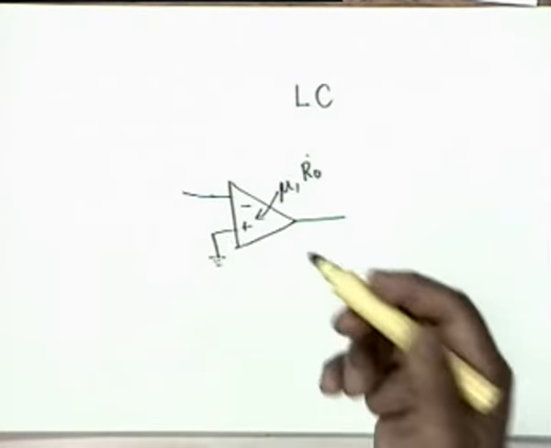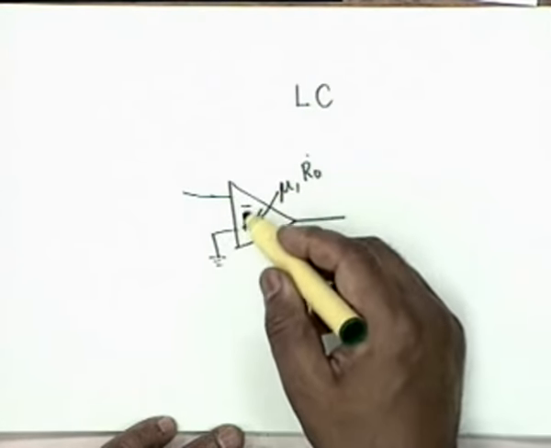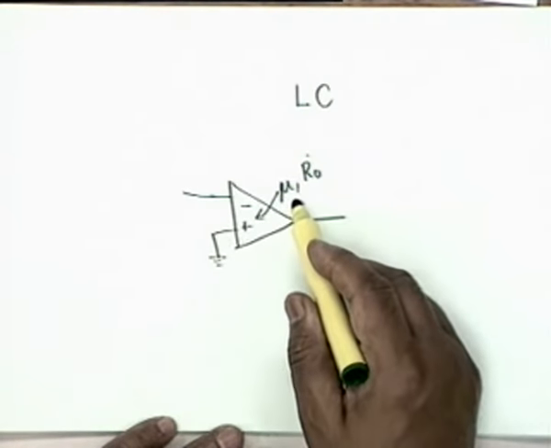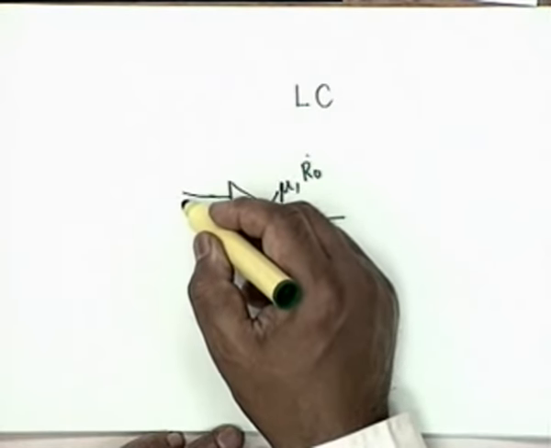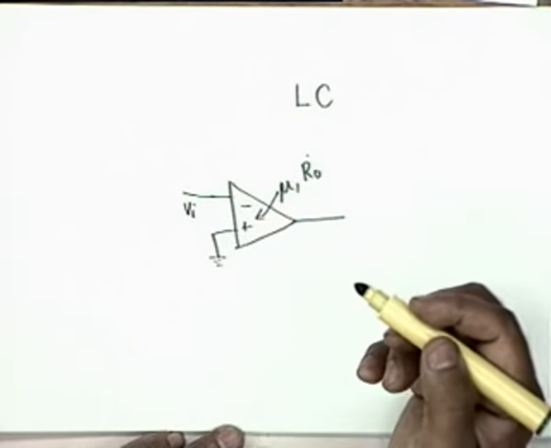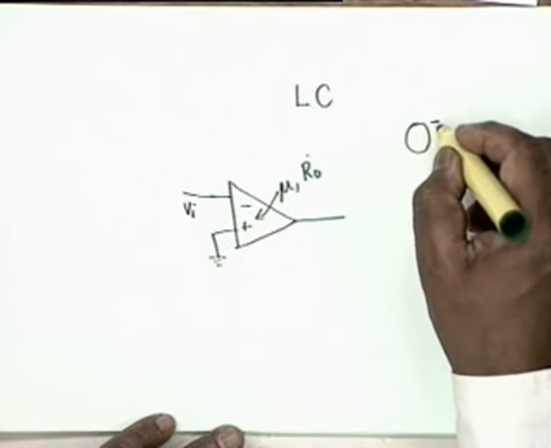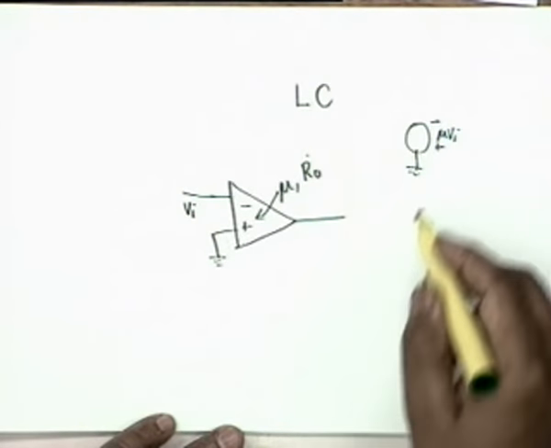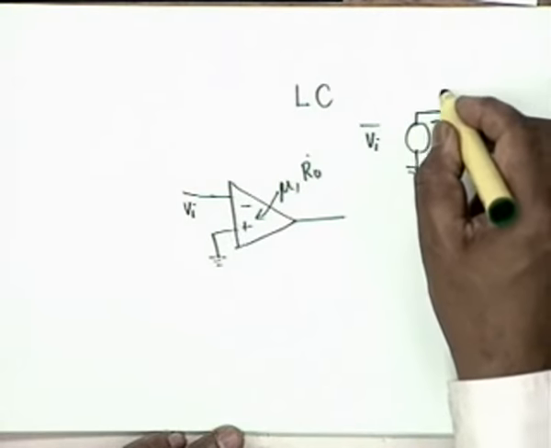Of course, we will permit later a finite input resistance also, but to see how things work, we have an inverting amplifier of gain mu and output resistance R0, so that if this voltage is Vi, then the output shall be modeled as mu Vi with opposite polarity in series with R0.